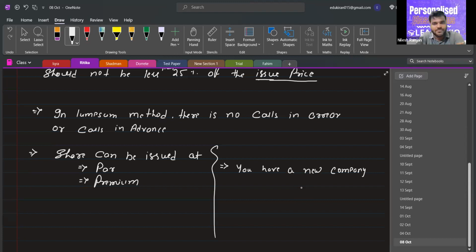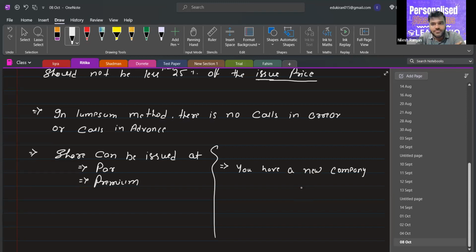If the share price is 100 rupees and we are selling it at 50 rupees, then instead of 90%, we will get a subscription of 500%. So in this, there is no merit of your company that is attracting the investor.